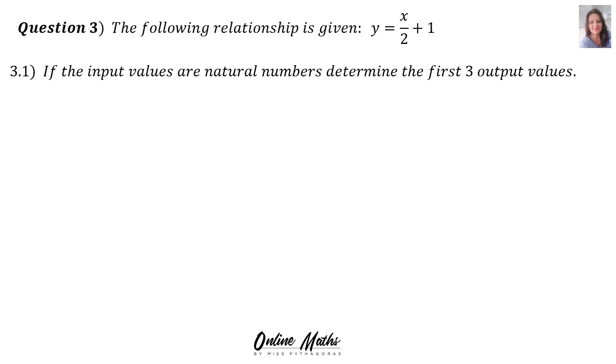Usually, the input values are given as -1, 0, 1, 2, etc. But here they don't give you the input values. They give you a little clue, and they say the input values are the natural numbers.